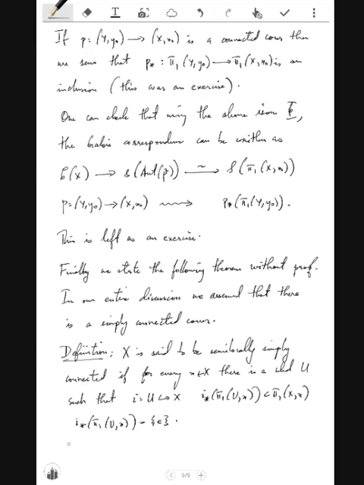So the theorem: let X be a connected and locally path connected topological space.